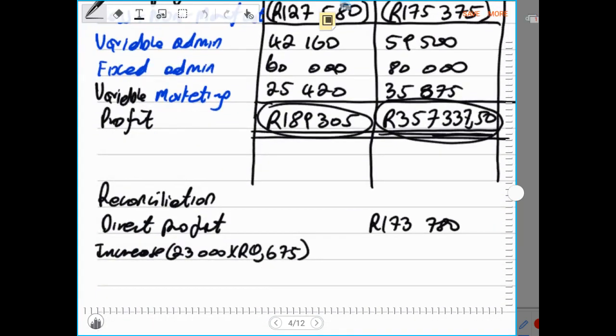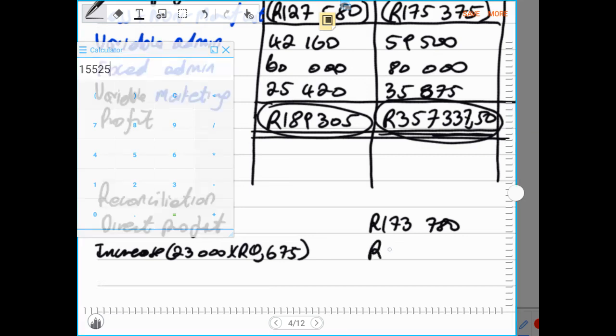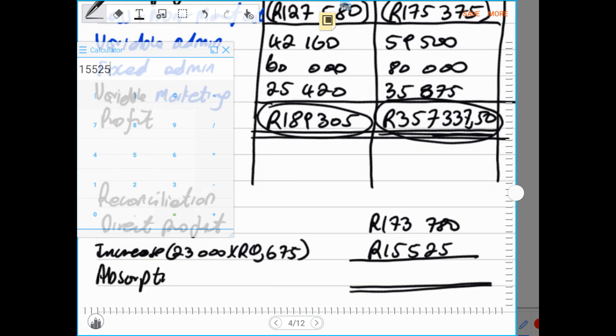So now it will be 0.675 times 23,000. Then this will give us 15,525. And if we do this, it will give us the absorption profit.